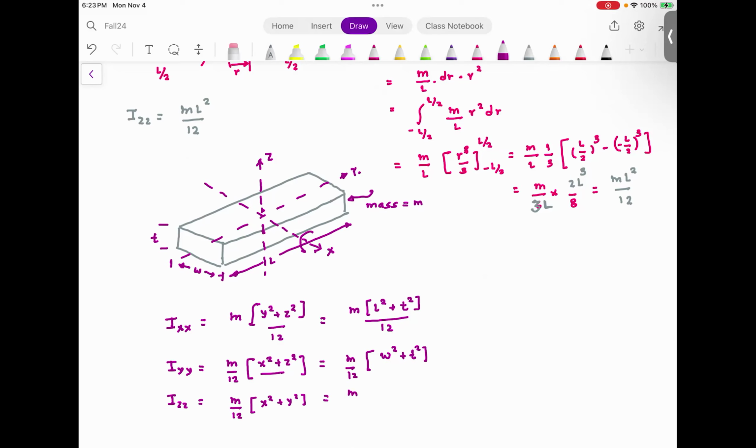Now x is w square and y is L square. So these are the mass moments of inertia about Ixx, about Iyy, and about Izz.